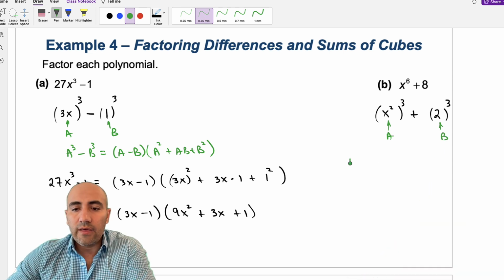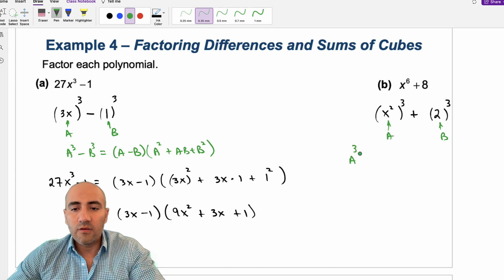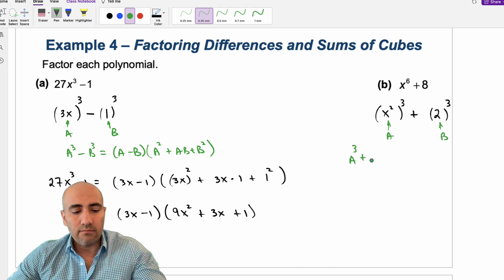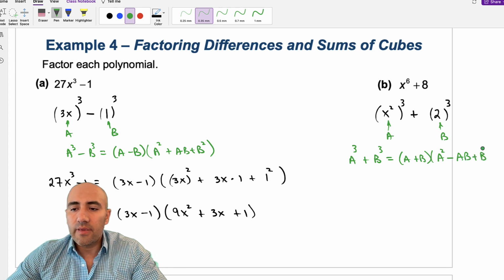And so I know that A cubed plus B cubed is going to be equal to A plus B, and this is going to be A squared minus AB plus B squared.